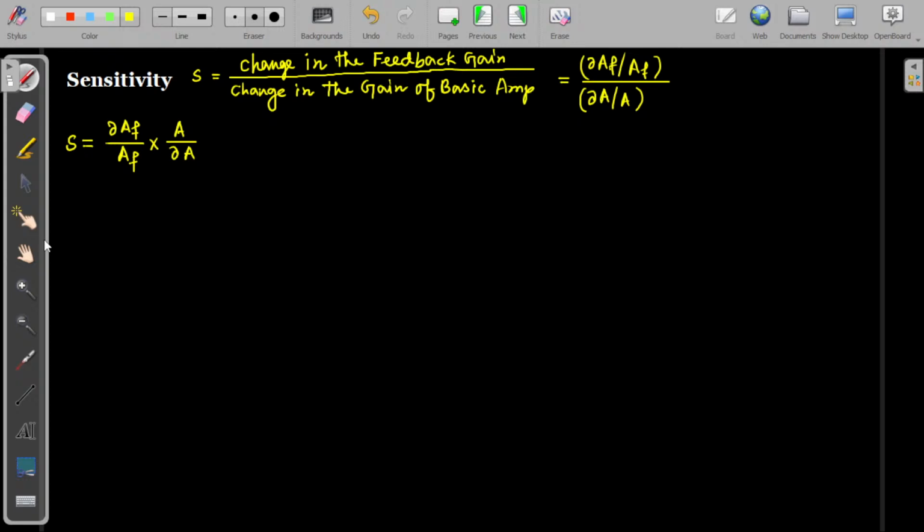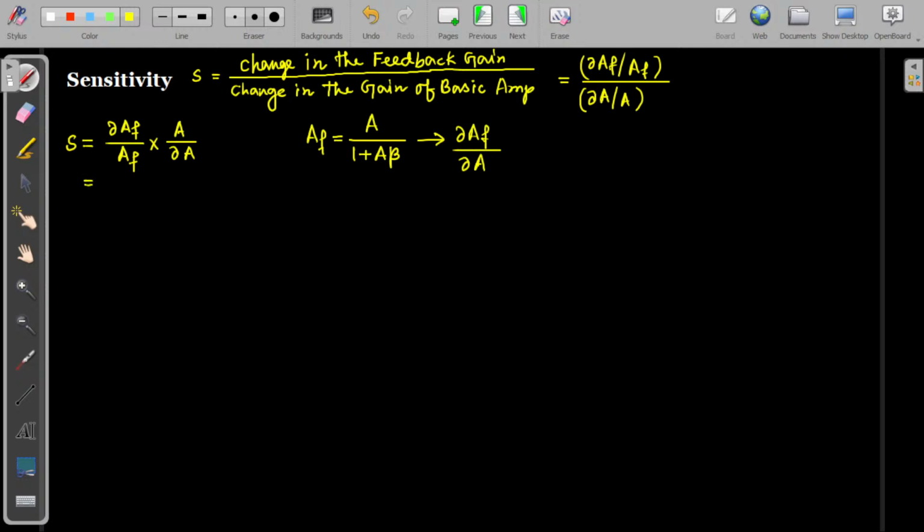Now if you look at the AF formula, suppose we are using negative feedback. What will be the overall gain formula? That will be A divided by 1 plus A beta. Now if we differentiate this equation, that means we are differentiating AF with respect to A, so del AF by del A. Why are we differentiating this way?